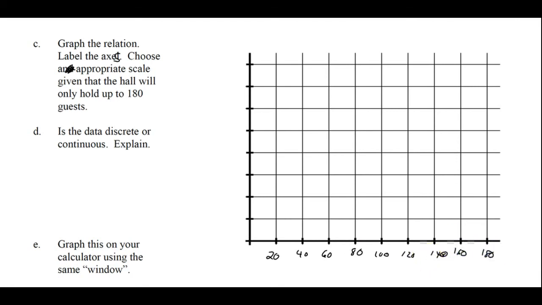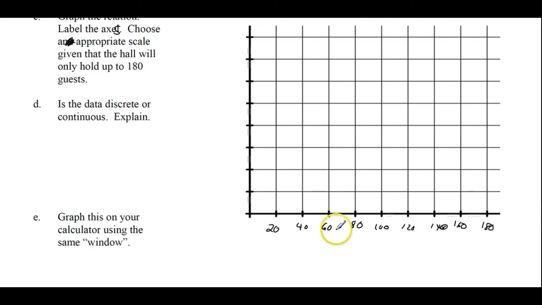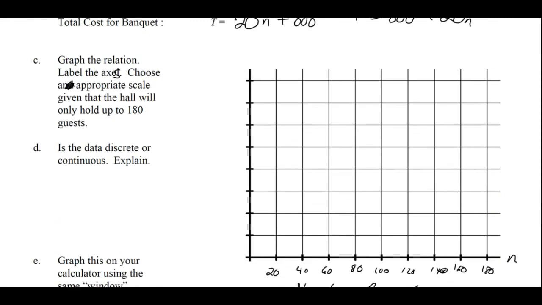Perfect. If there were 10 of these, I would still probably use 20. I wouldn't use 18. 18 is a rough number to work with. You have 18, 36, 54. Not a good number to work with. This is the number of guests. We're calling that little n, so this is the n-axis.